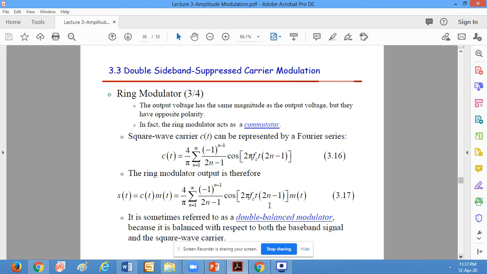Why do we call it the double balanced modulator? Because we never have the message signal alone or the carrier alone present here. We always have combinations of the message signal and the carrier signal both. We don't have either the message signal or the carrier individually. That's why it is called double balanced, meaning it is balanced with respect to both inputs.